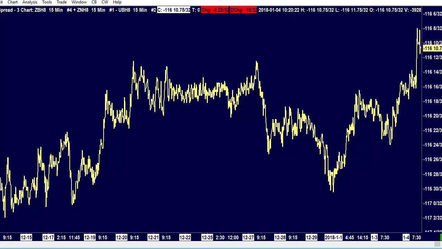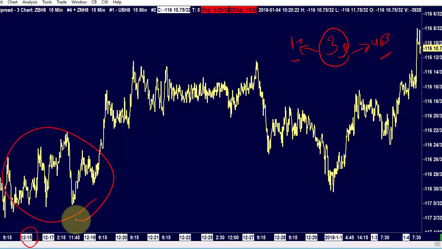So in front of you, I have the bond fly. And the bond fly is going to be the 10-year, the 30-year, and the ultra. 3 different instruments on this one chart. The 30-year is going to be the belly, and the wings are going to be the 10-year and the ultra. So all this chart is showing us is from December 15th to present day.